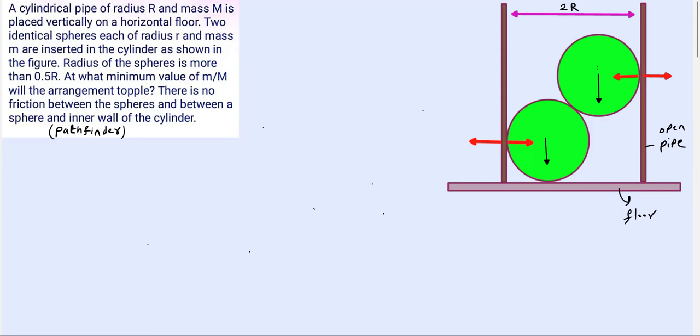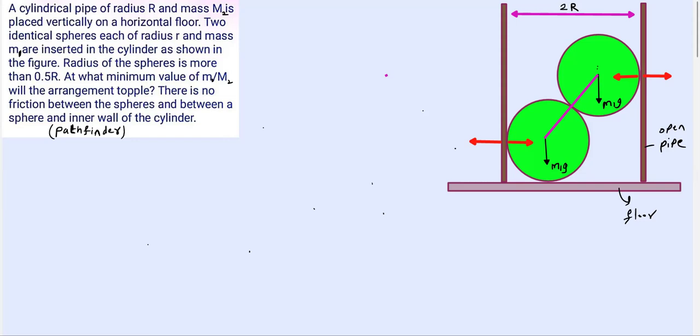Then there'll be a normal contact also between the spheres. This is M1g, the weight of the sphere. Small m I'm choosing as M1. This one let it be M2.